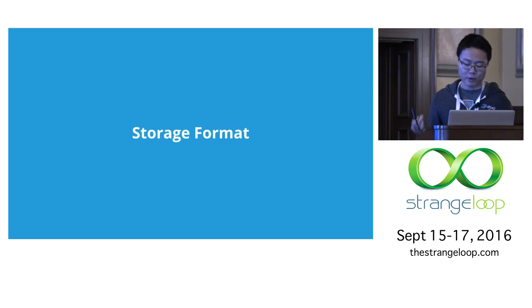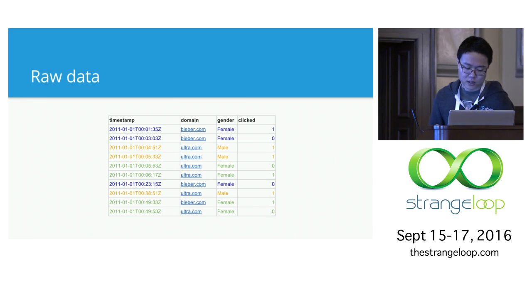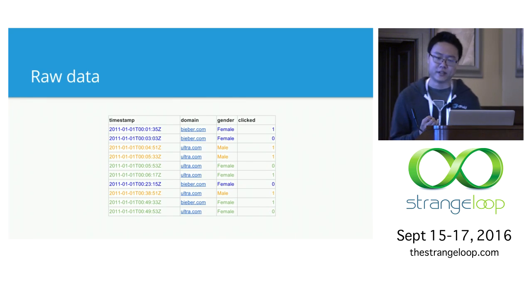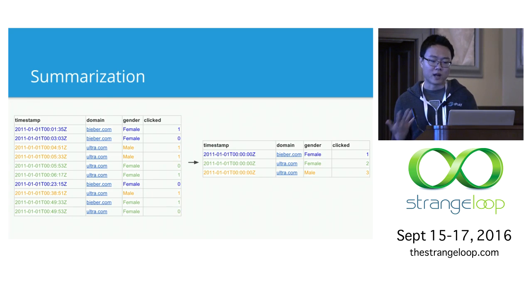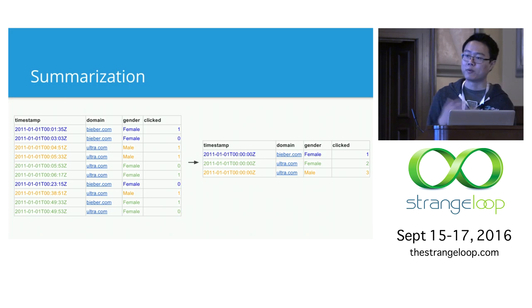OK, so let's talk about how Druid actually works. So let's say we have some raw data here, and this is raw data maybe found in online advertising. So there's a time when someone looked at an ad. This is the domain where the ad was hosted, some properties about the person looking at the ad, and then whether they clicked on it or not. What Druid does with raw data as it ingests it is a process known as summarization or pre-aggregation.